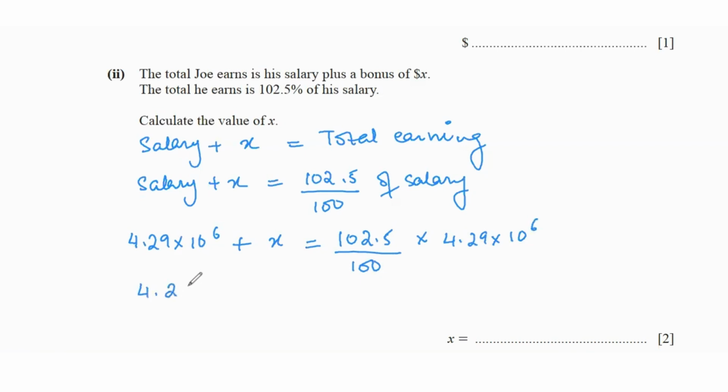So we solve the right-hand side first, which is going to be 4,397,250. So X is going to be the difference of these two.